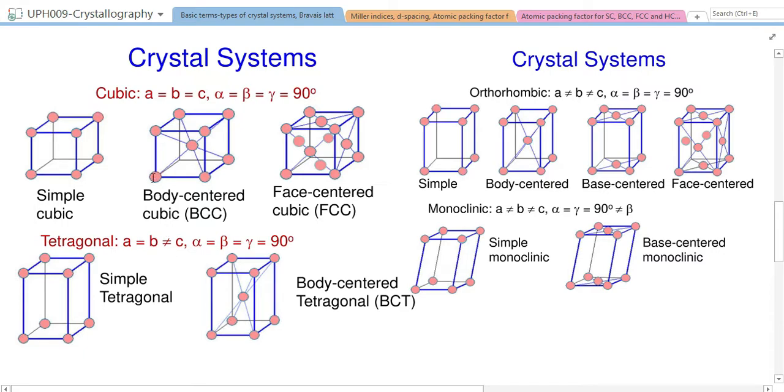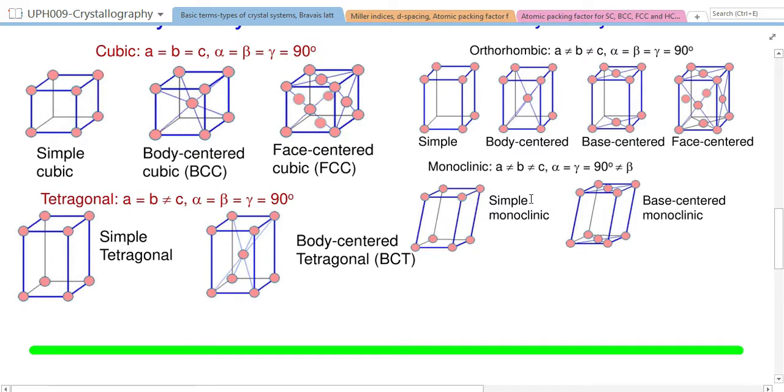So how many we have? Cubic unit cell, tetragonal unit cell 2. Third is called orthorhombic. In that case, A, B, C are all unequal. They are not equal to each other anyway, but alpha, beta, gamma are all same, still 90 degrees. In that case, you get orthorhombic. So third. Fourth is called monoclinic.